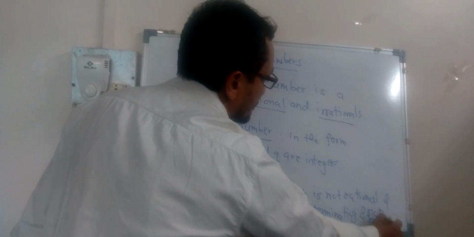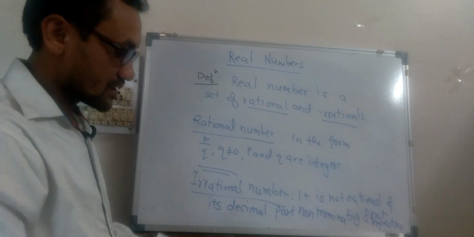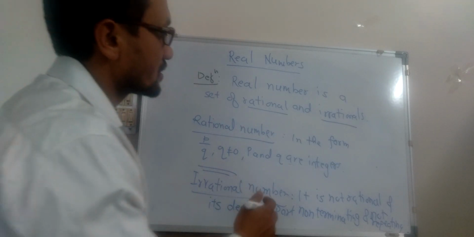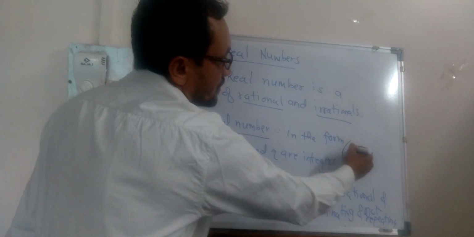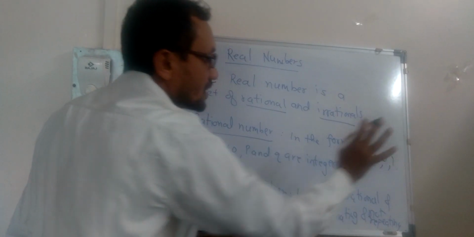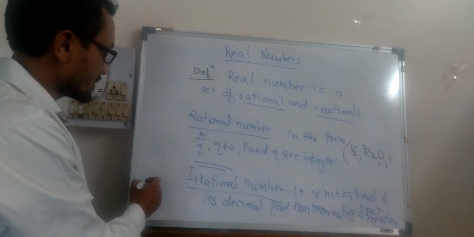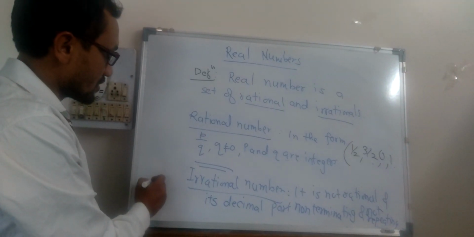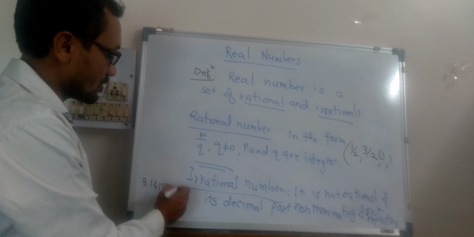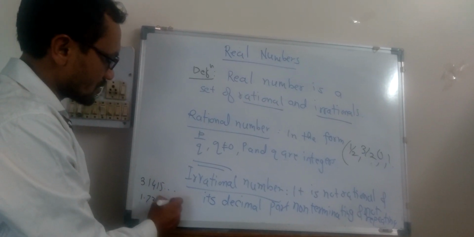It does not repeat either. So, for the decimal part, what examples can you see? Rational numbers, obviously, are 1 by 2, 3 by 2, 0, 1; all these are rationals. And irrationals are numbers like 3.1415 dot dot dot, 1.7312 dot dot dot.